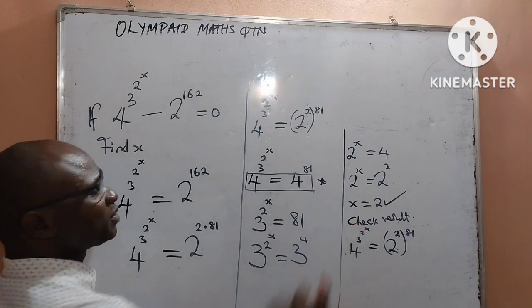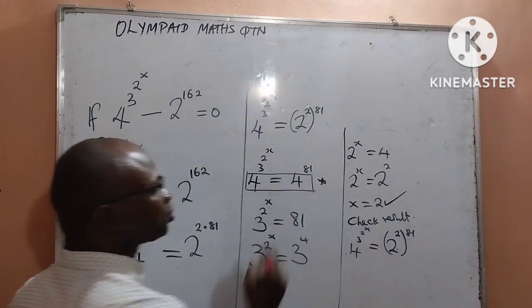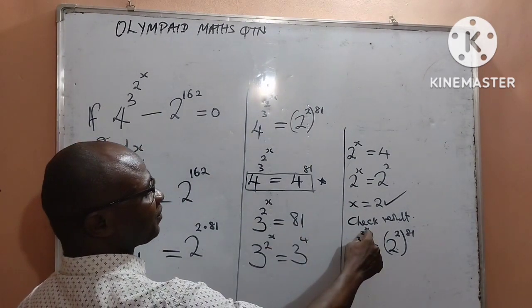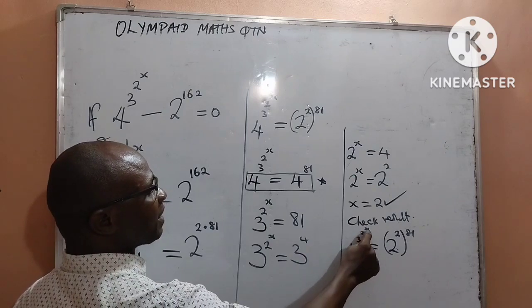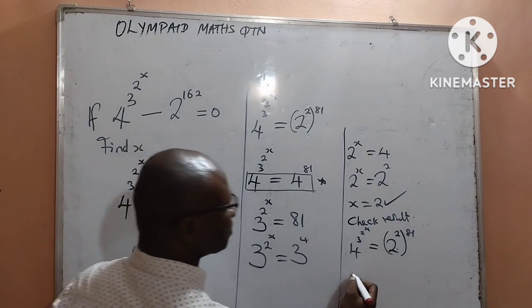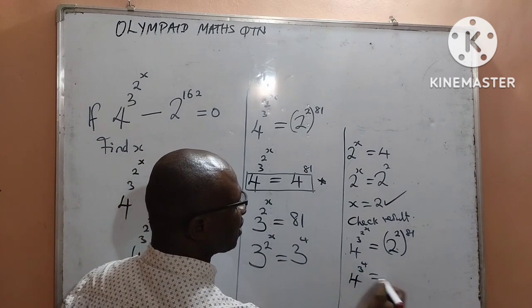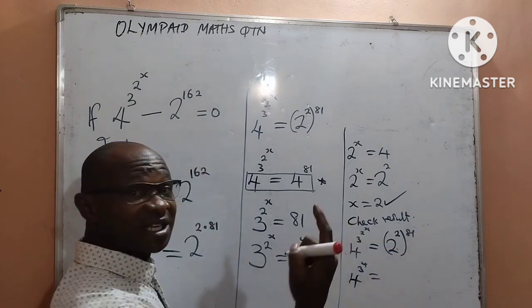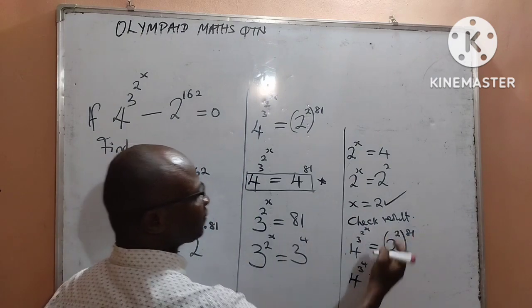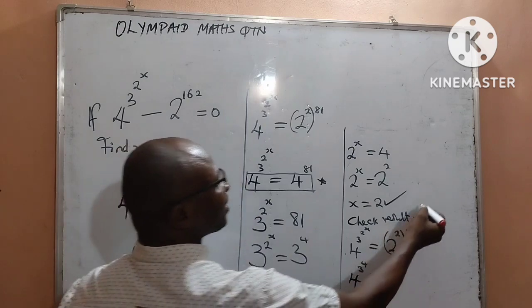Anywhere I see x, I put my 2. Therefore, if I put 2 in the position of x here, I shall now have 2 to the power of 2, which is 4. And it becomes 4 to the power of 3 to the power of 4 equal to, of course, you can see from the right that 2 to the power of 2 is 4, to the power of 81.